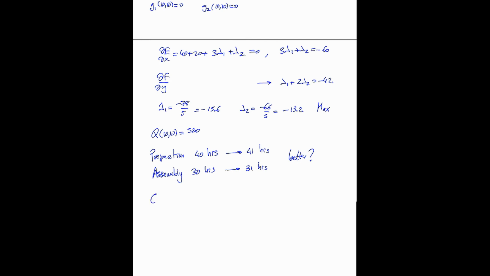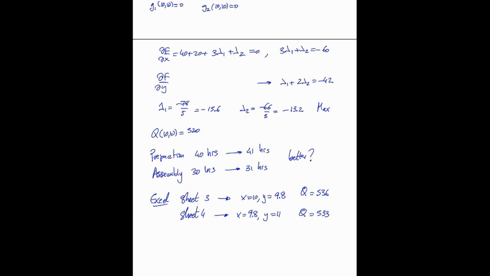In the Excel, in sheet number 3, you have the solution for 41 hours. In this case, the approximate solution is x equal to 10 and y equal to 9.8, with the function q taking the value 536. While in sheet number 4, you have x equal to 9.8, y equal to 11, with a function value of 533.